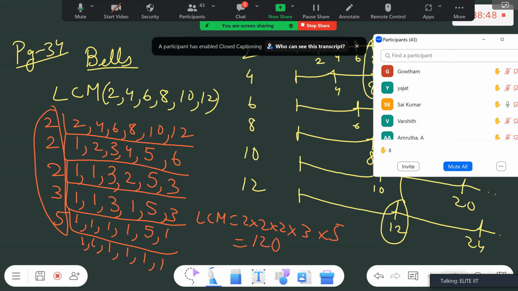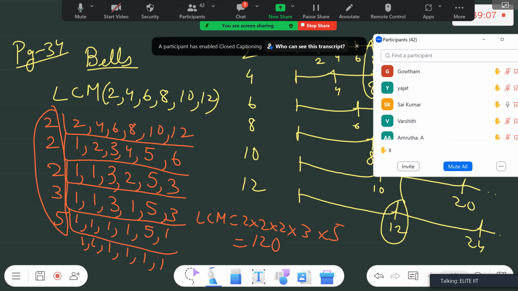Yesterday's homework, fourth one. 15, 25 and 35. You have a doubt in that?